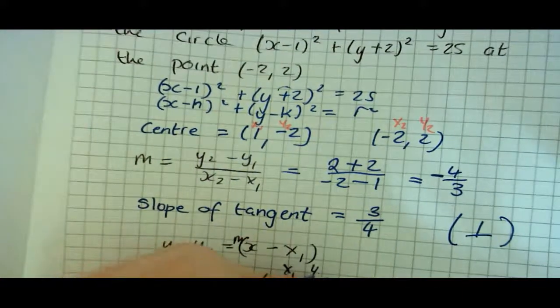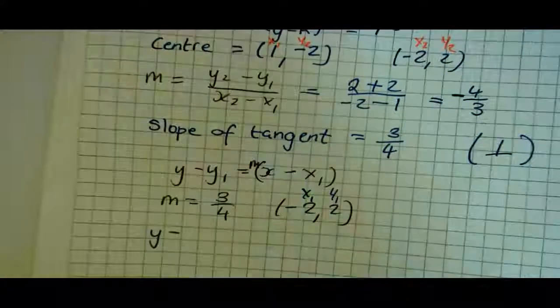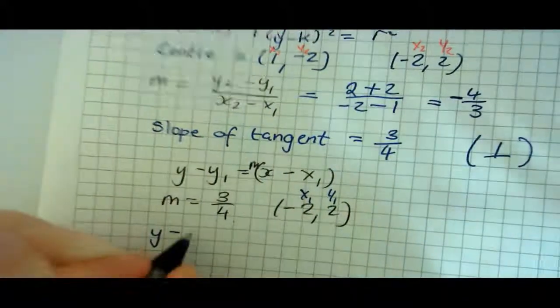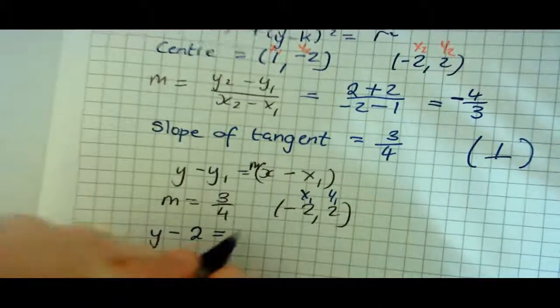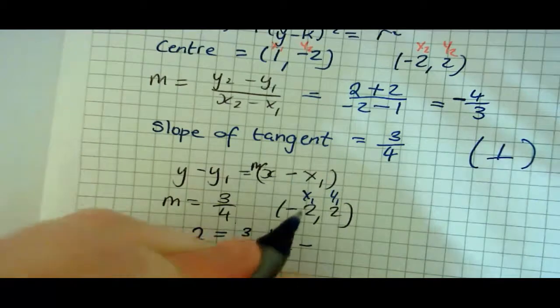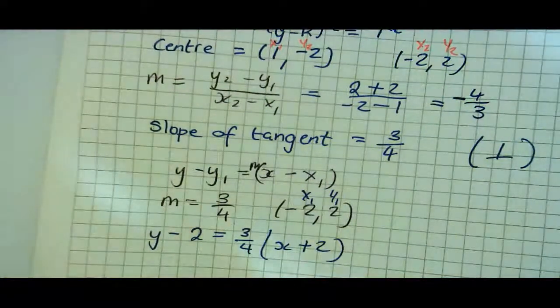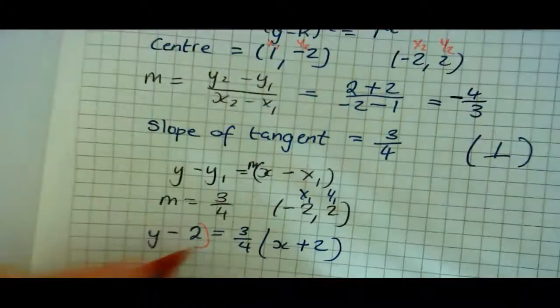So x1, y1. So y minus y1, which is 2, is equal to m, which is 3 over 4, by x minus x1, which is minus 2. So that's going to become plus. Multiplying across by 4 then to get rid of that fraction.